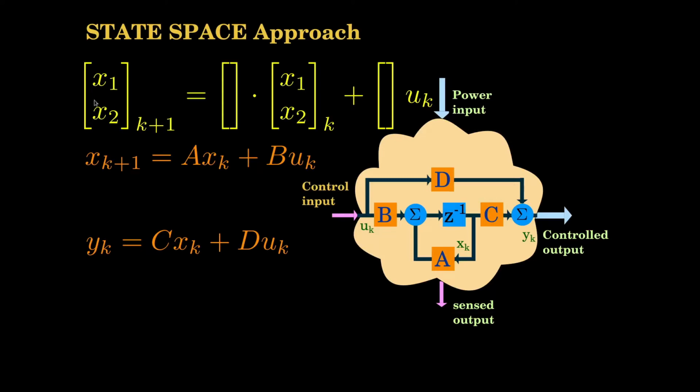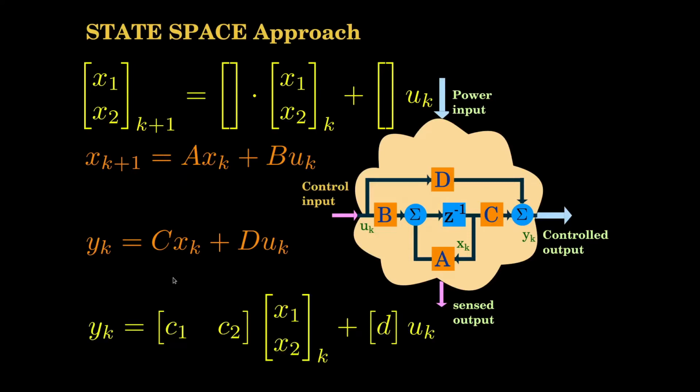X is a column vector having 2 elements, x1 and x2, at k plus 1, and xk, the same 2 state variables at kth instant, and uk. These 2 blank matrices I am showing here are just placeholders for the values of the system parameters. The A matrix will come in here, and the B matrix will come in here.